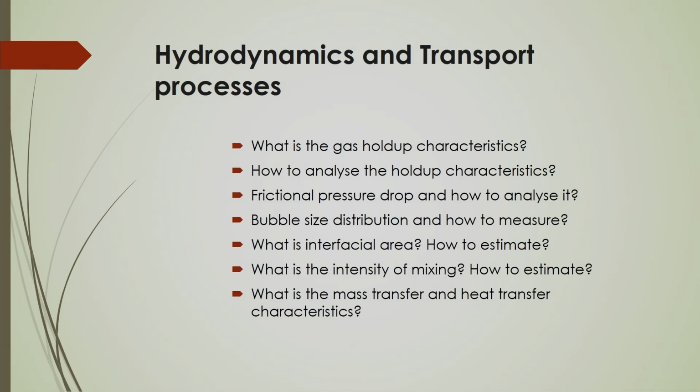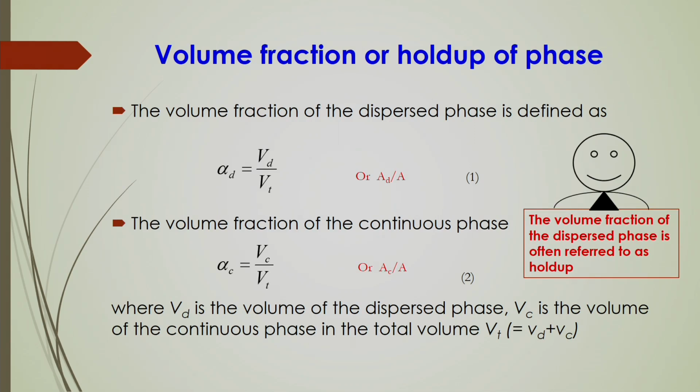So you have to know the degree of mixing, or what extent of mixing is happening inside the column when the jet is plunging, entrapping or entraining the gases into the column. And based on that, the mass transfer and heat transfer characteristics also have to be known. So these are the different hydrodynamic and transport phenomena of this downflow system for process intensification.